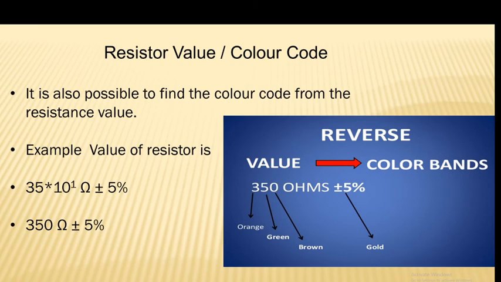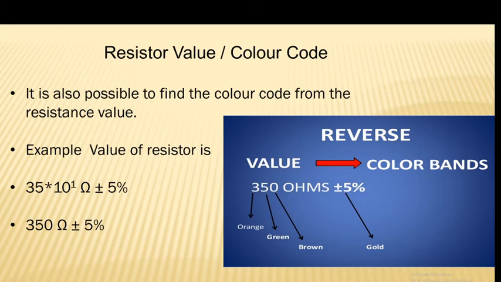We can also do the reverse, meaning from the value of the resistor it is possible to find out the color code. If the value of the resistor is given as 350 ohm plus minus 5%, first this value is converted into the standard format: first and second digit, then the multiplier and the tolerance.